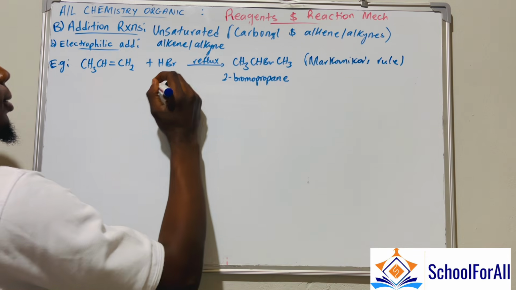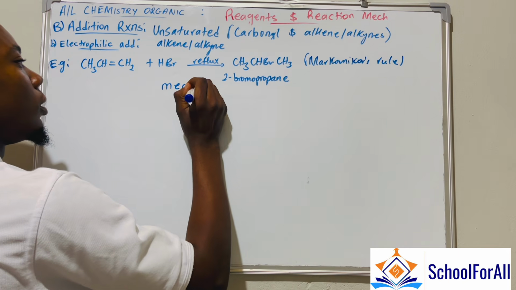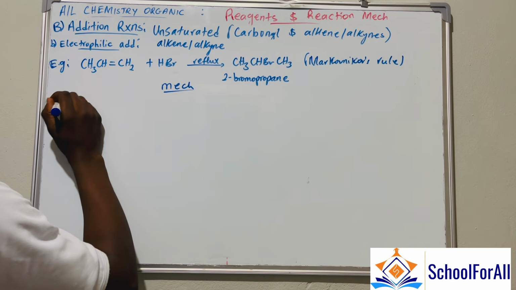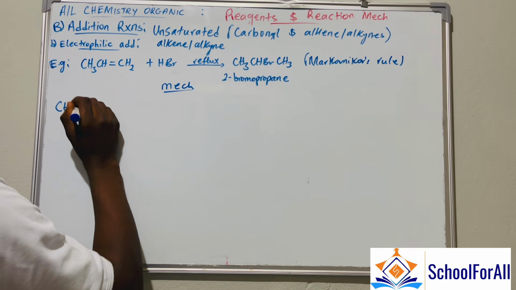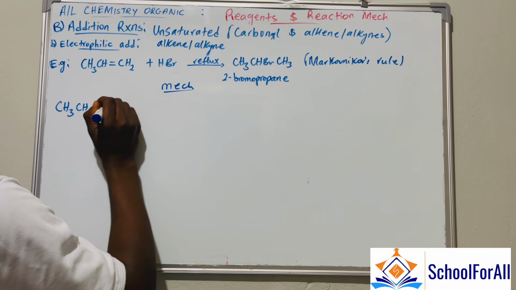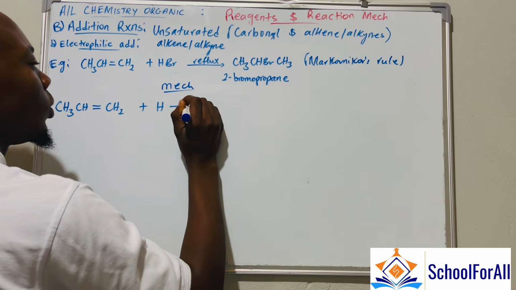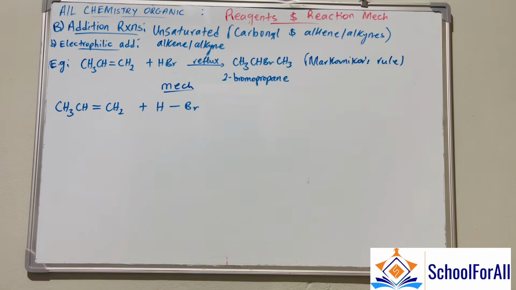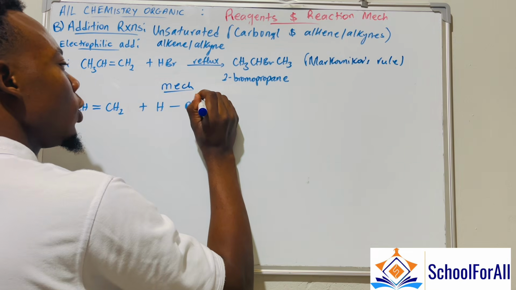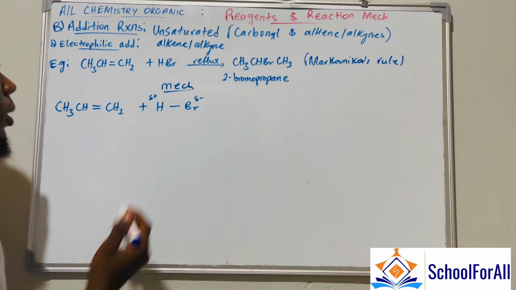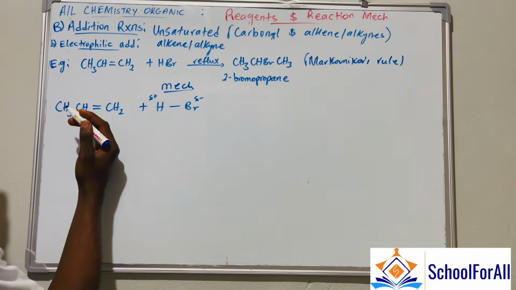Now the mechanism of the reaction. What happens in the mechanism is that my first species to attack will surely be the electrophile. Due to electronegativity, this bromine will be partially negative, whereas this hydrogen will be partially positive in approach to my substrate.